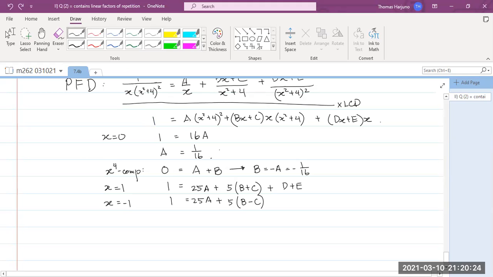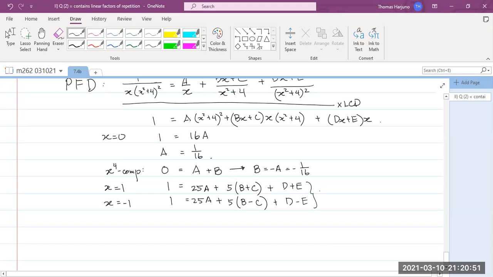And then let me see here. When I plug in x equals -1, this is 5 times -1, that's -5. But this is -b plus c, right? And then the last term, when x is -1, there will be d minus e. Oh, okay.